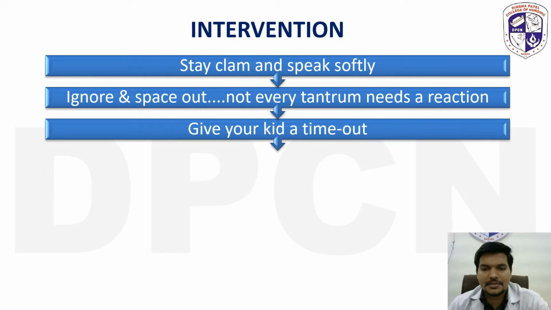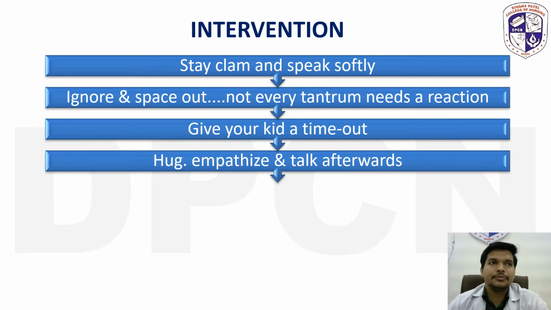Give your kid a time out. Give time to the child. You can say, just wait for 5 to 10 minutes, we will talk later. That will help in managing their desire and emotions.